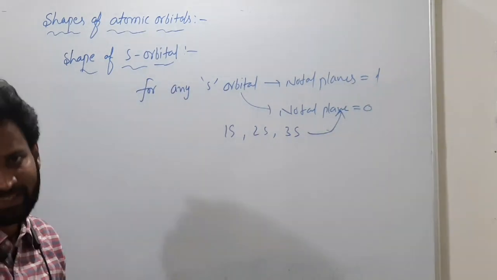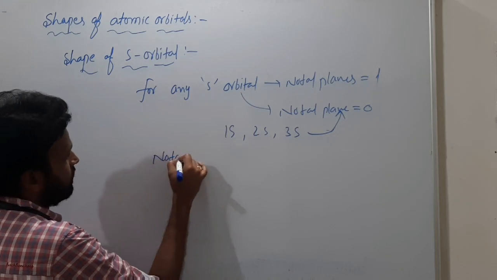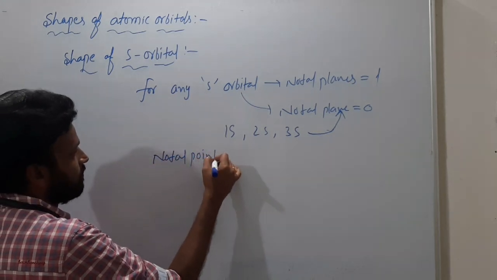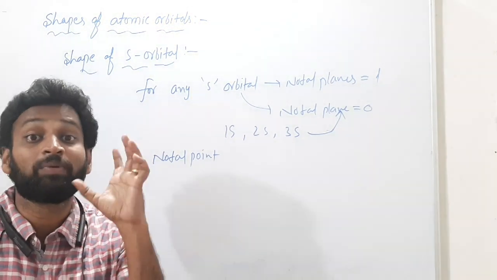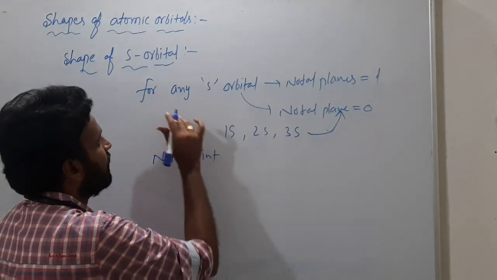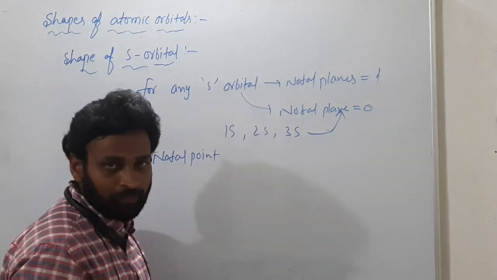For nodal points, they must give the particular subshell along with the principal quantum number. If they ask how many nodal points for the s subshell, the question is wrong.